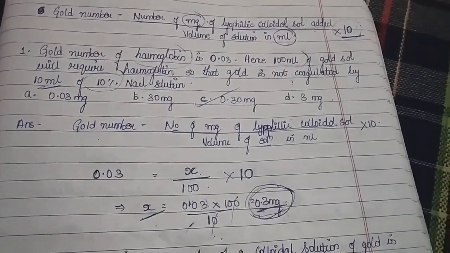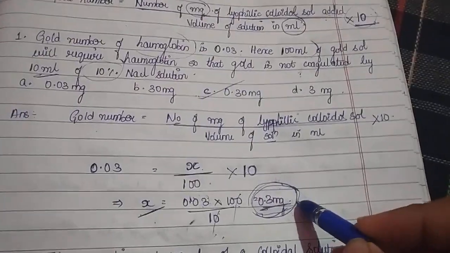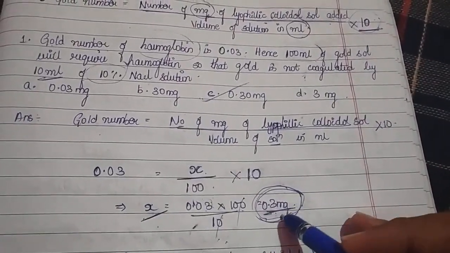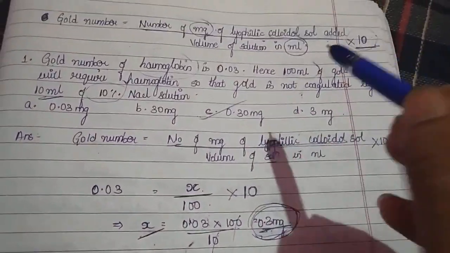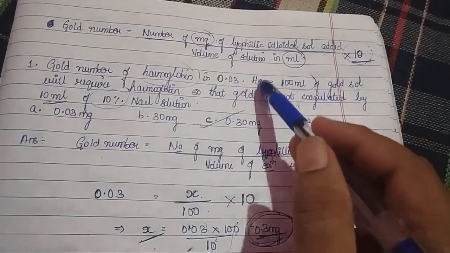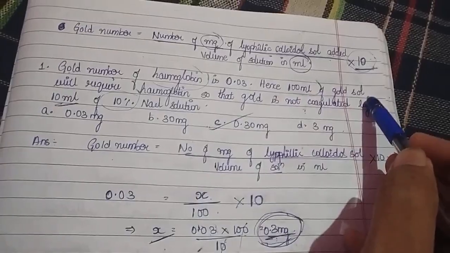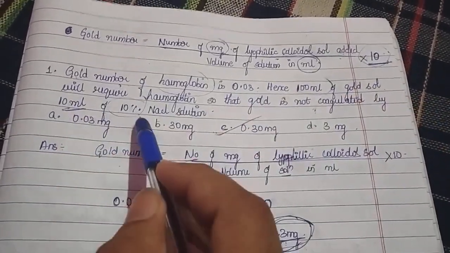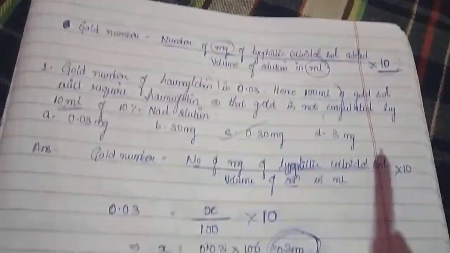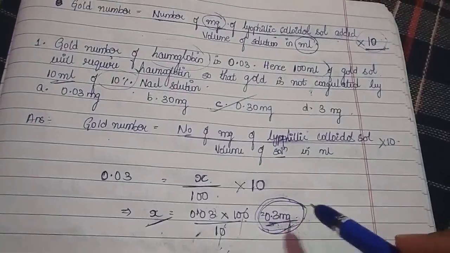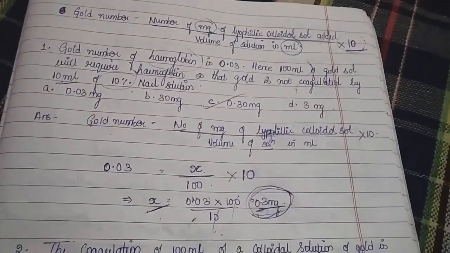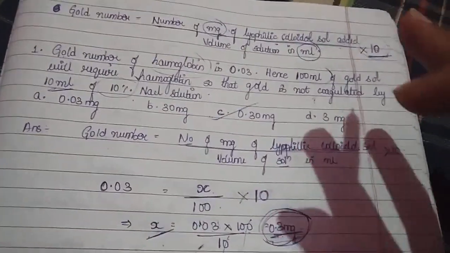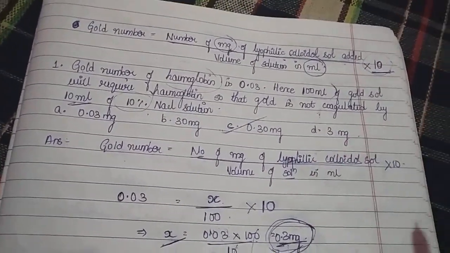Able to understand? Very much important, you have to analyze your answer also. Whatever value you have got, what does it want to say? When adding 10 ml of 10% NaCl solution to 100 ml of gold sol, we require 0.3 milligrams of hemoglobin in order to protect our gold sol. Can you see how easily we can calculate?